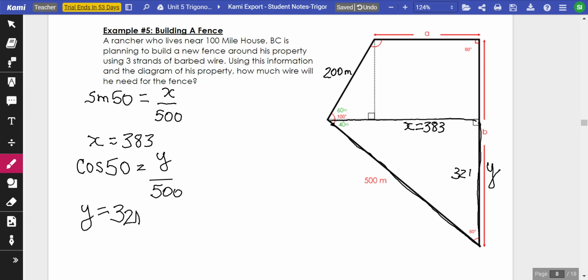Okay, now in this triangle, this angle is 60 degrees as given. And I'm going to find this side here. I'll call it F. So that's the opposite over the hypotenuse, which is sine function. So sine 60 degrees equals F over 200.